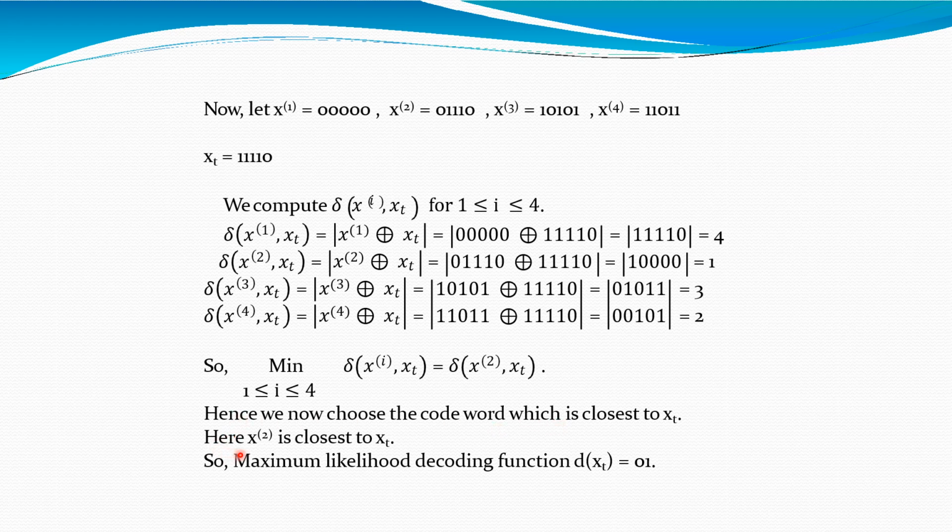Here x2 is closest to xt. So maximum likelihood decoding function d of xt is equal to 01 because it is given that E(01) is equal to 01110. So from that, as x2 is closest to xt, from this we get d of xt equal to 01 as maximum likelihood decoding function.